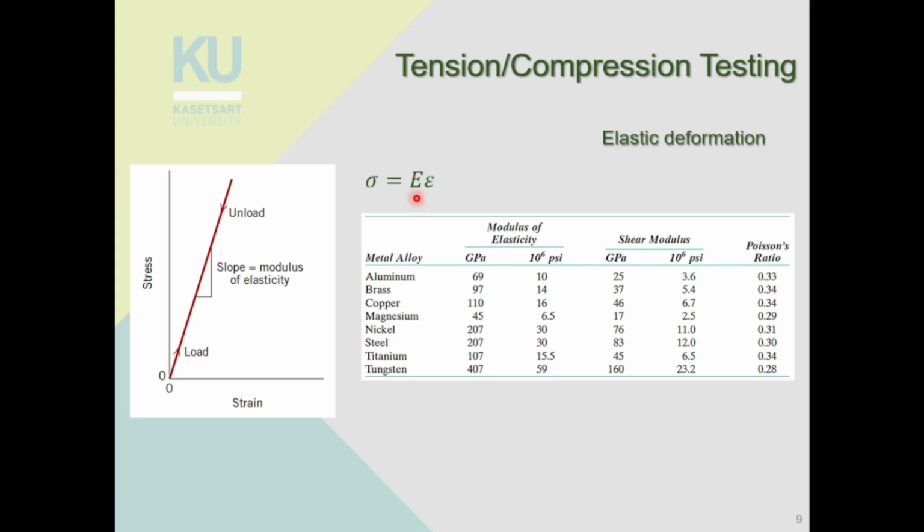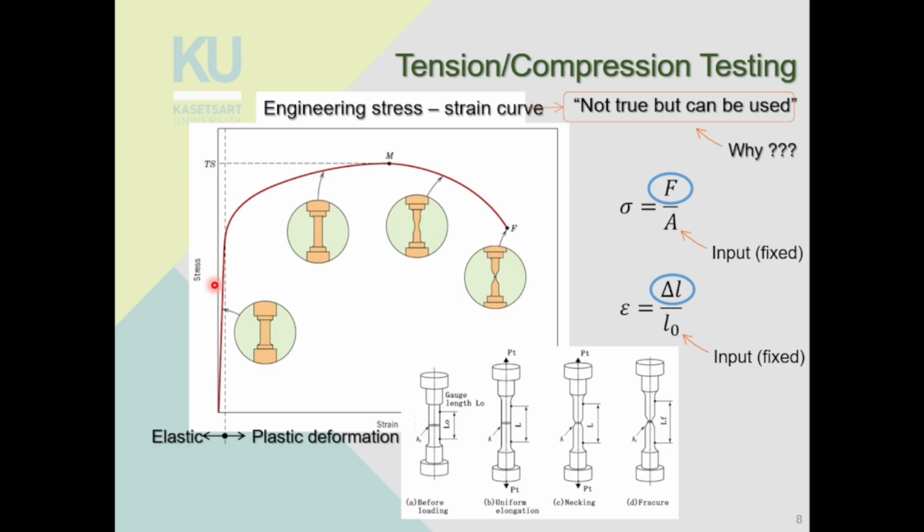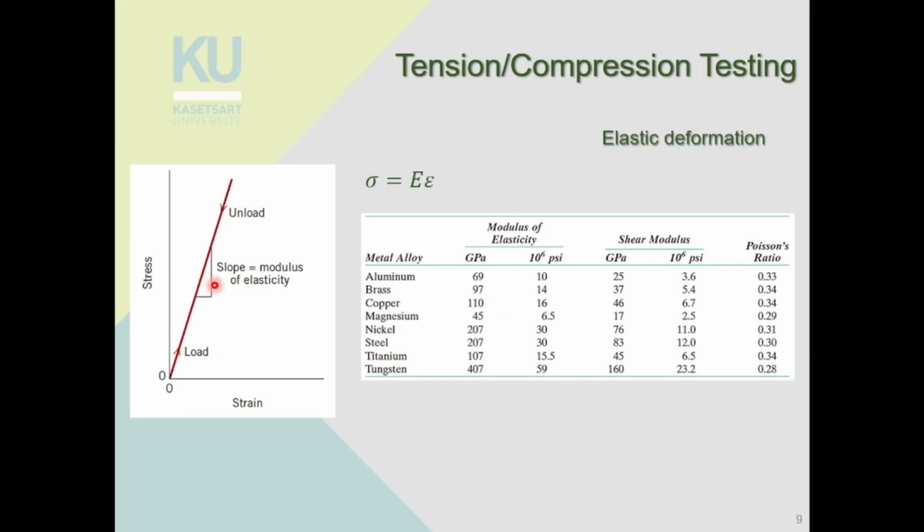So if you rearrange this equation here, you get E equals stress divided by strain, which is the slope of the graph. But remember, it is an elastic property, therefore it only applies to this range of the material, right? The slope of the graph, or the Young's modulus, only applies to this range. That means it doesn't apply once it has already deformed, because the slope changes.